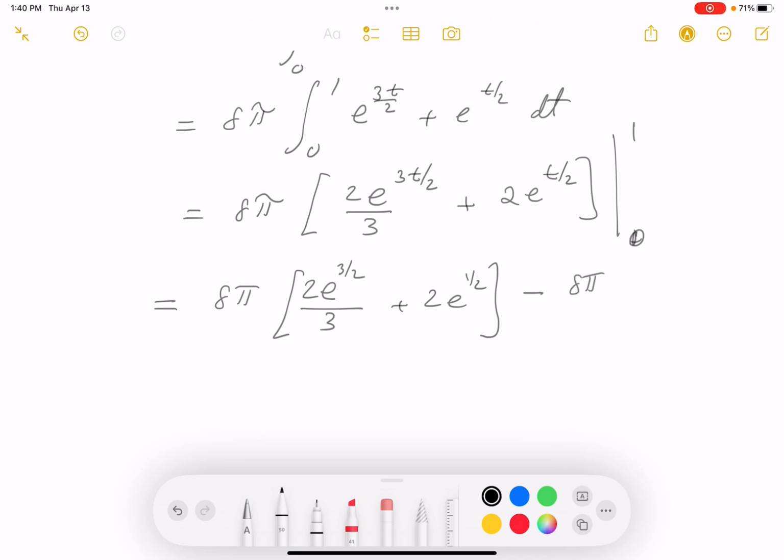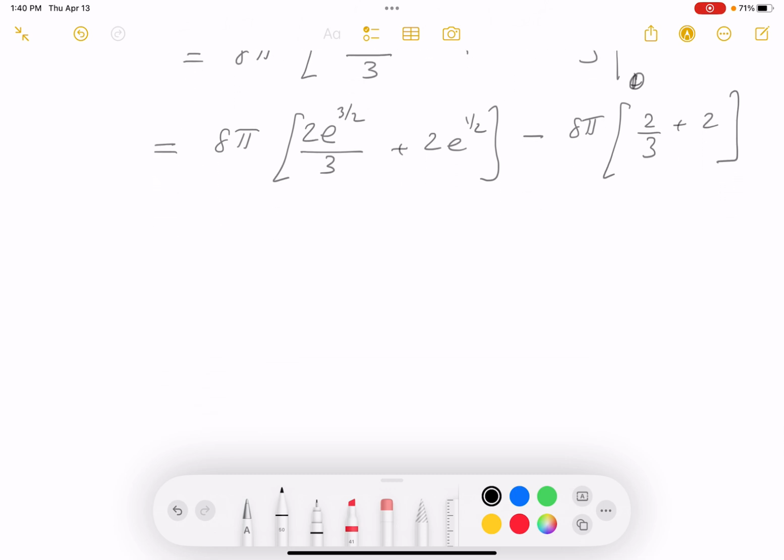You're going to do the 0 now. So it's 8 pi, and you're going to get 2/3. e to the 0 is 1, plus 2. Well, it's not so bad. It's working out. And I'm going to get a common denominator. And then you get what? 8 pi. And let's be careful about this. You're going to get 2e root e, first term.